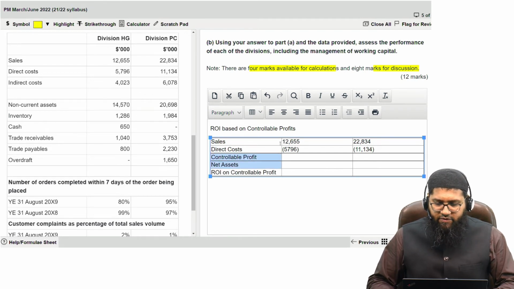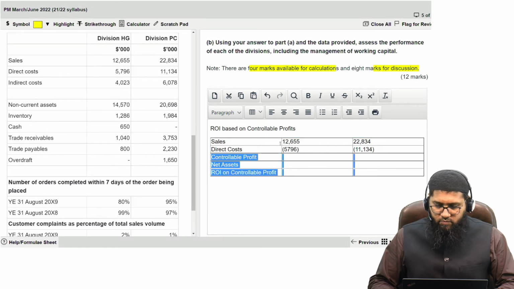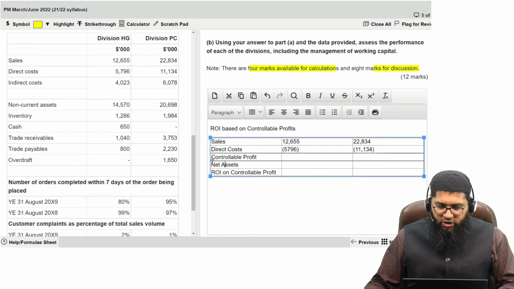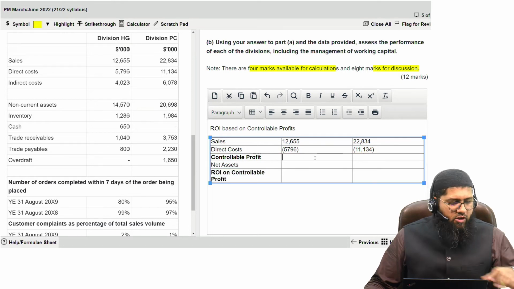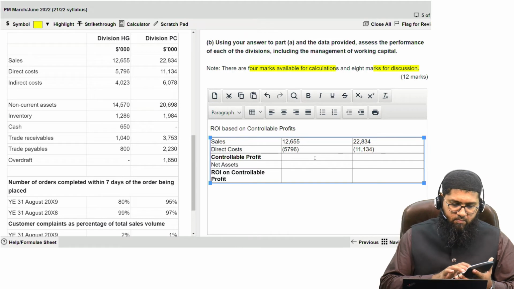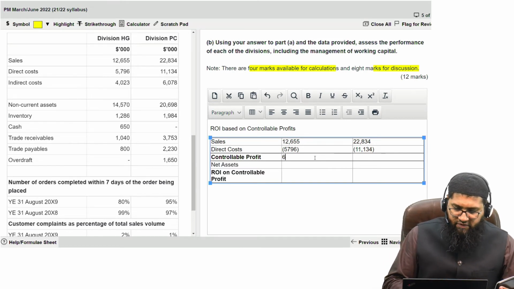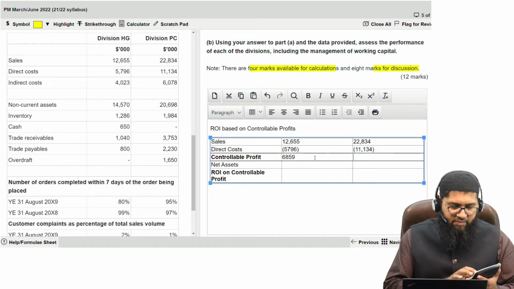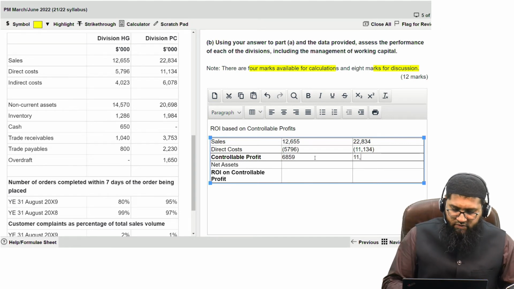The controllable profit is going to be 12,655 minus 5,796, which is 6,859. And 22,834 minus 11,134 is 11,700.